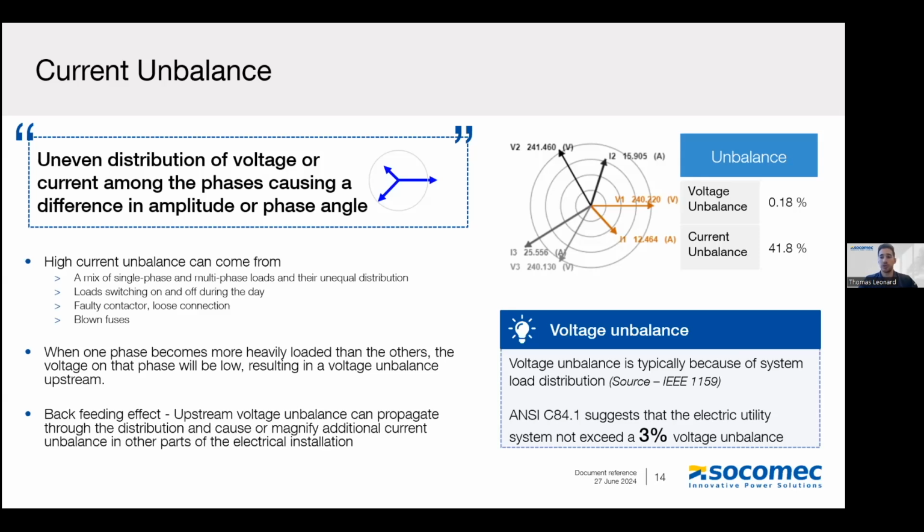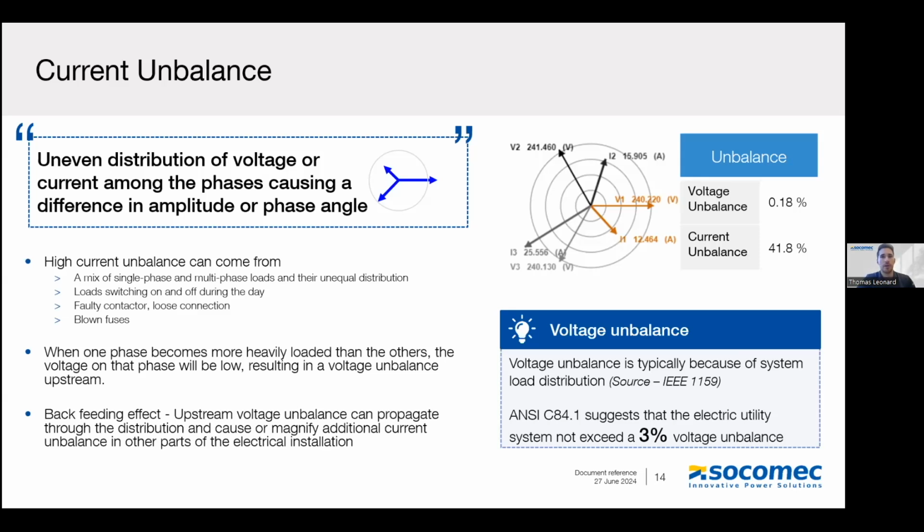If some loads are switching off, that may create imbalance on the other phases. If you have a faulty contactor, a loose connection, or a phase loss because of a blown fuse, for example, that's also going to create some imbalance on current.